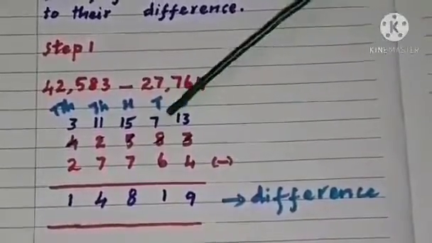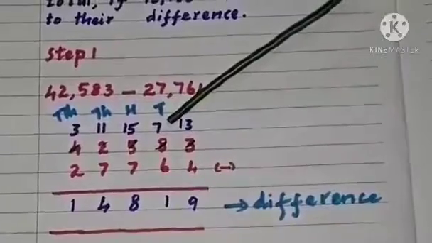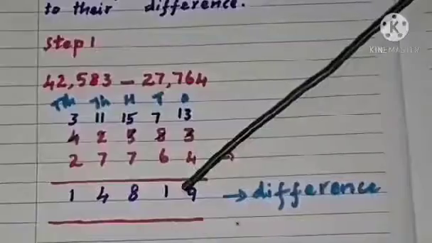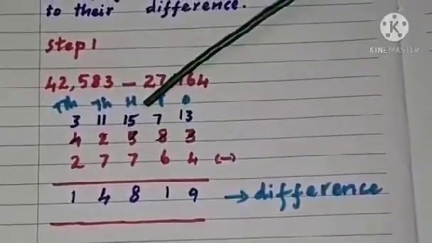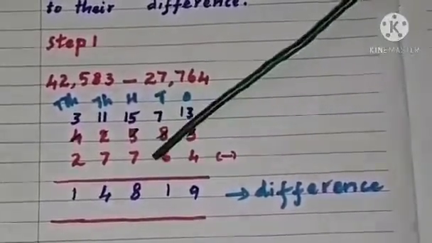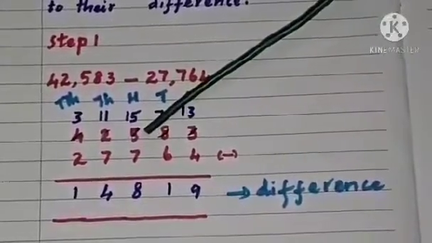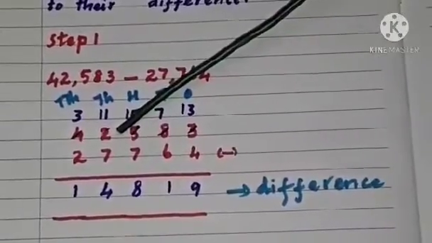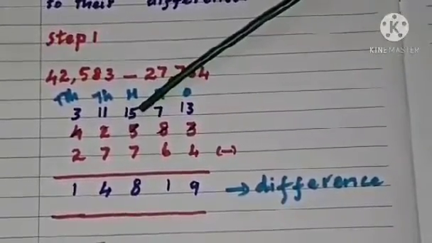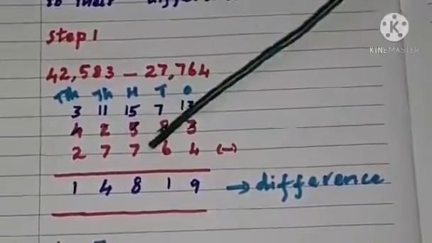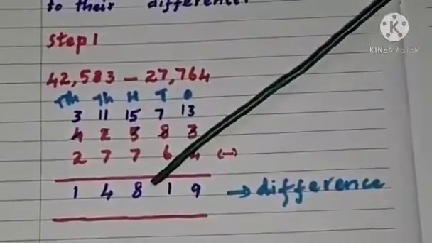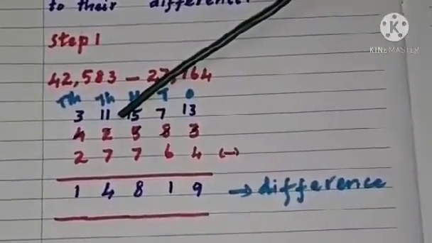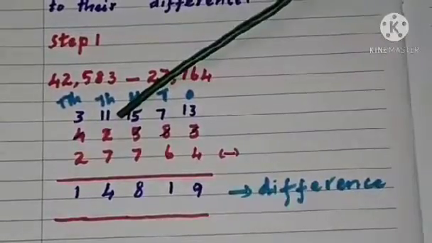13 minus 4, 9. Next, move on to the tens place. 7 minus 6 equal to 1. Next, move on to the hundreds place. We cannot subtract 7 from 5. So, we have to borrow 1 from thousands place. Now, it becomes 15. 15 minus 7 equal to 8. Next, move on to the thousands place. Here we have 1.